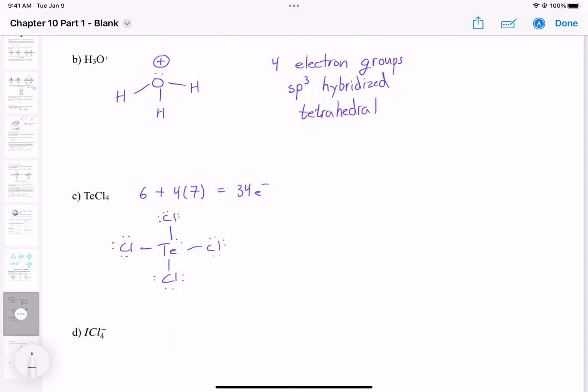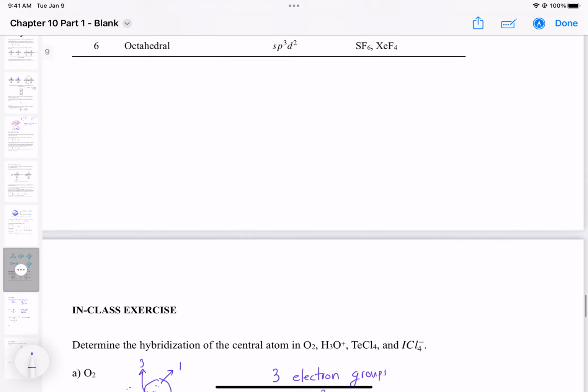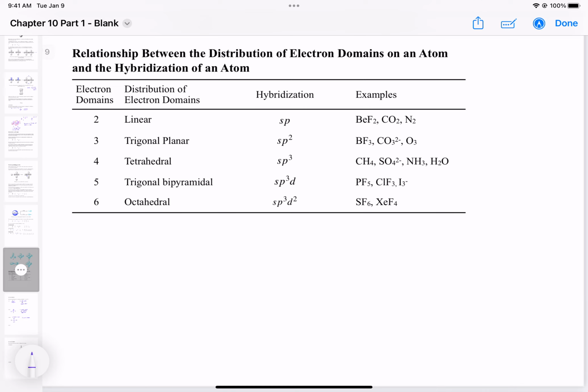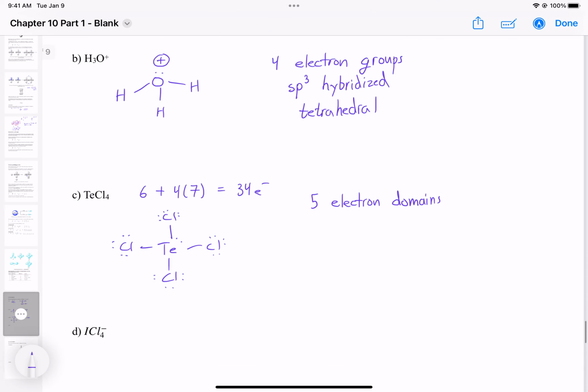So here we count the domains. So 1 lone pair, that's 1. Then 4 bonds, that's 5 electron domains on the central atom, tellurium. Okay, so if we go back up here, 5 electron domains, sp3d hybridization.